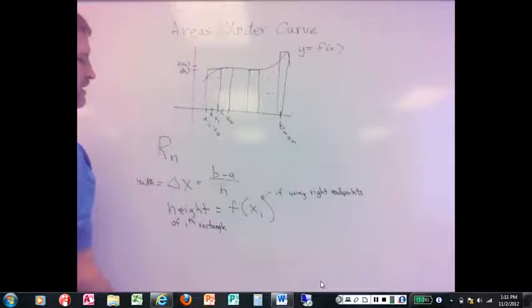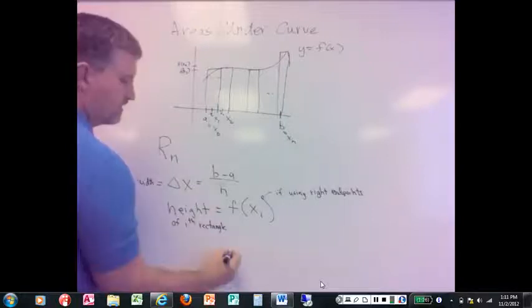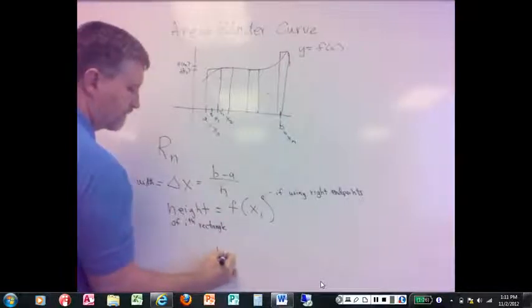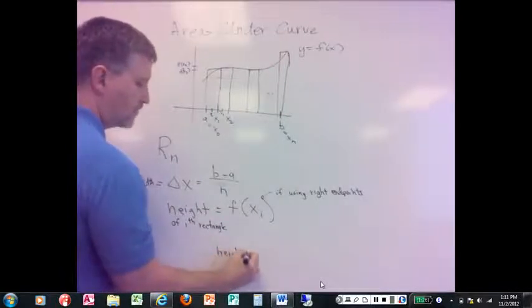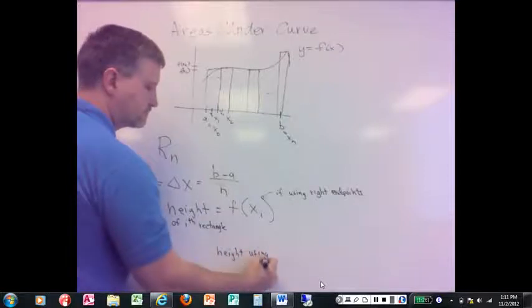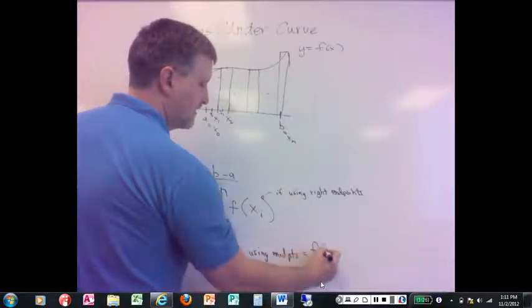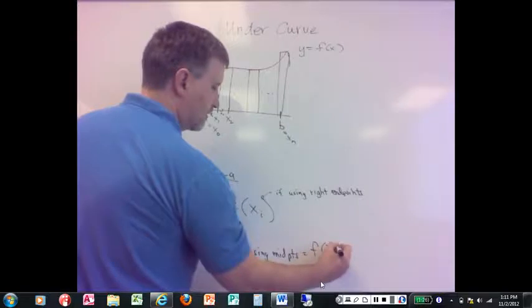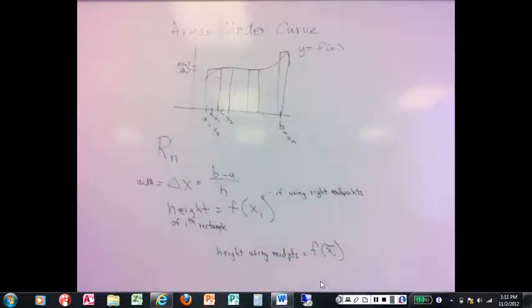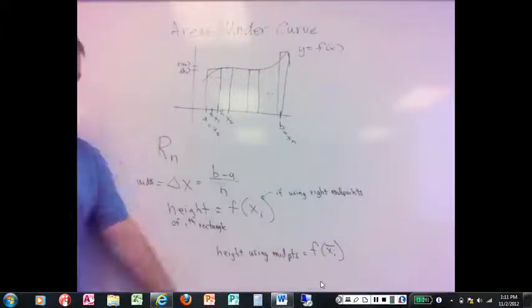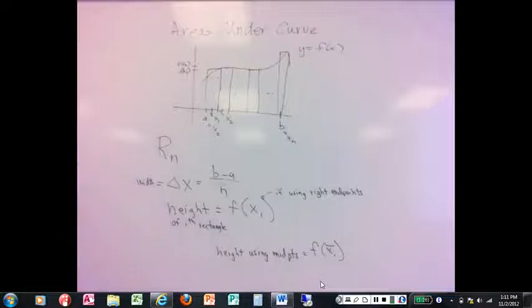So if I use midpoints, the height would be f of x sub i bar, meaning use the midpoint of your ith interval. So the bar, in this kind of context, means midpoint. But anyway, more of that to come.